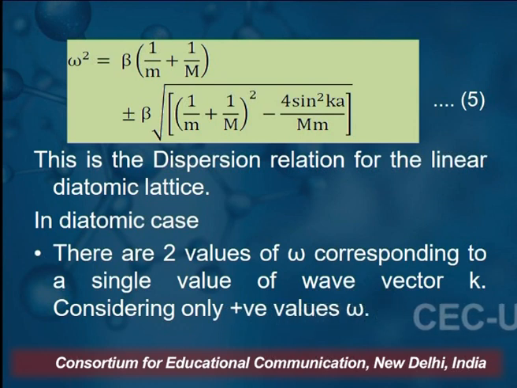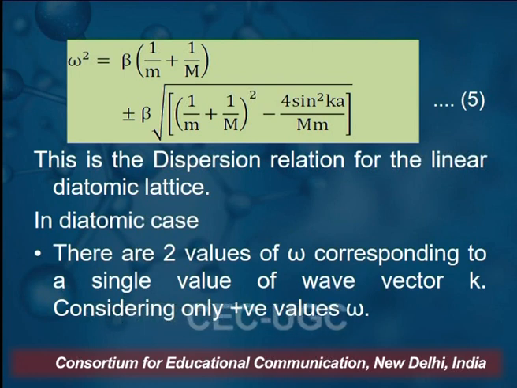Now, in this case, what we find is that omega will be the square root. Because there is a plus minus sign before the second term, for each value of omega there are two possible values for a single wave vector k.